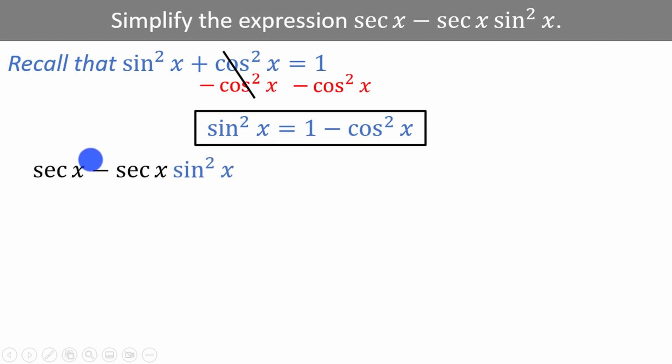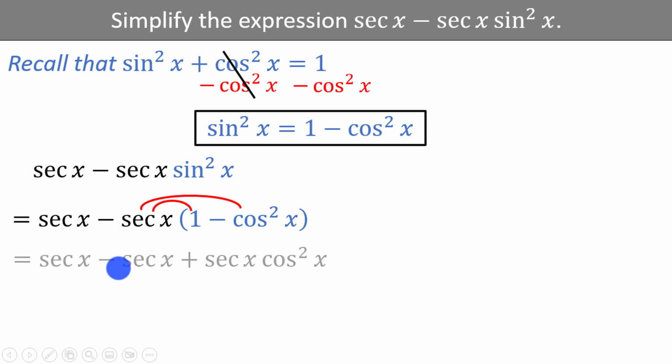In our problem, we have secant of x minus secant of x times sine squared of x. We have found an expression in terms of sine squared. It's 1 minus cosine squared, so substitute that in for sine squared in our problem. We have secant of x minus secant of x times 1 minus cosine squared of x. We can distribute the secant to both of the terms in parentheses to get secant of x minus secant of x times 1, which is secant of x, plus secant of x times cosine squared of x, since the negative signs cancel.